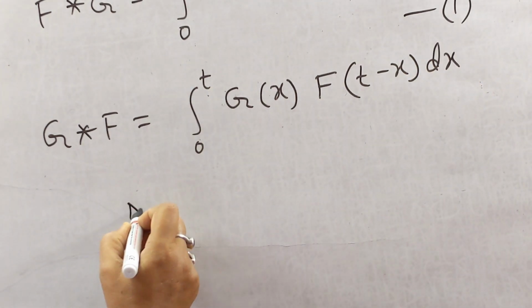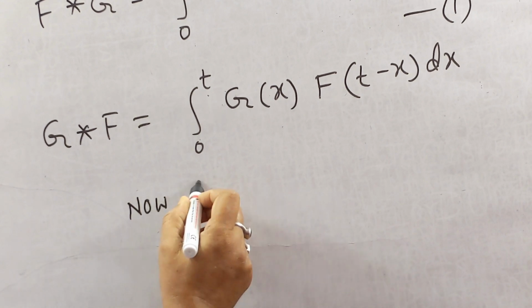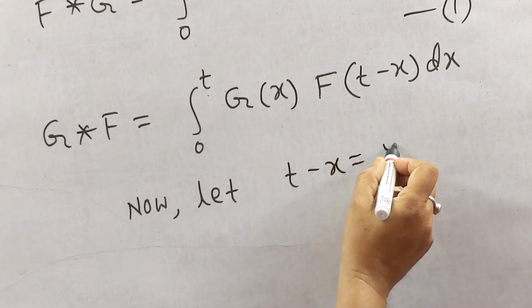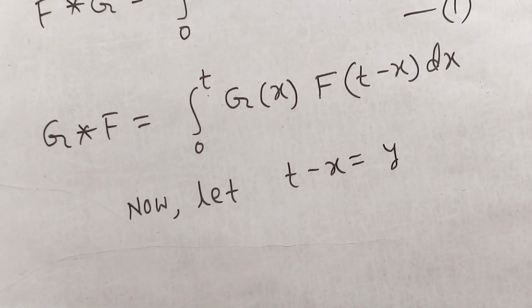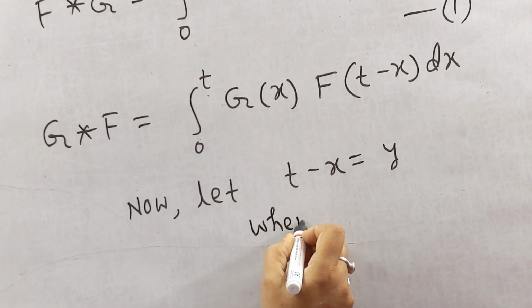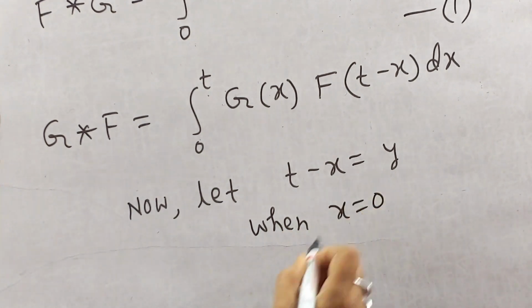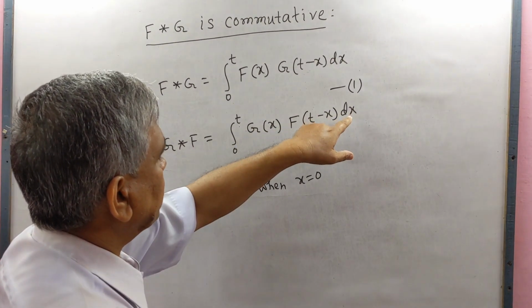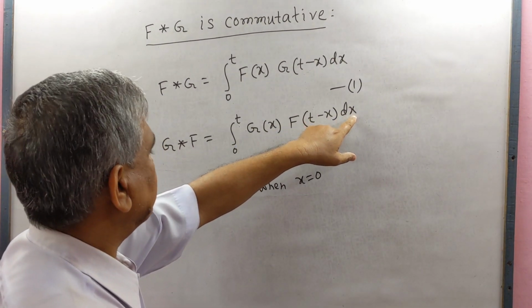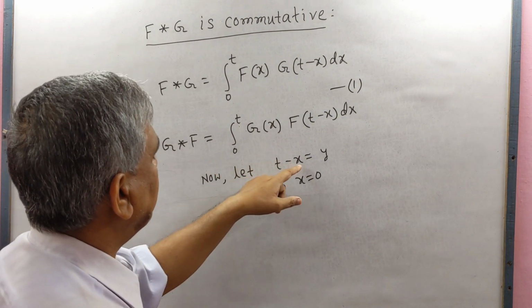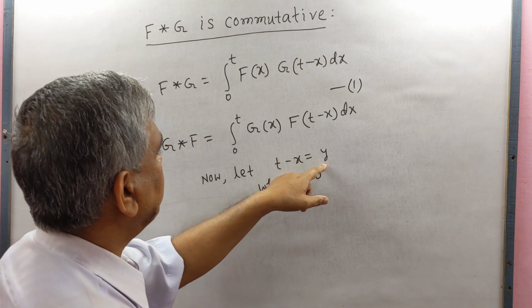Now let t minus x equal to y. When x equal to 0, this is the integration for the variable x, the value of x is 0, then y equal to t.